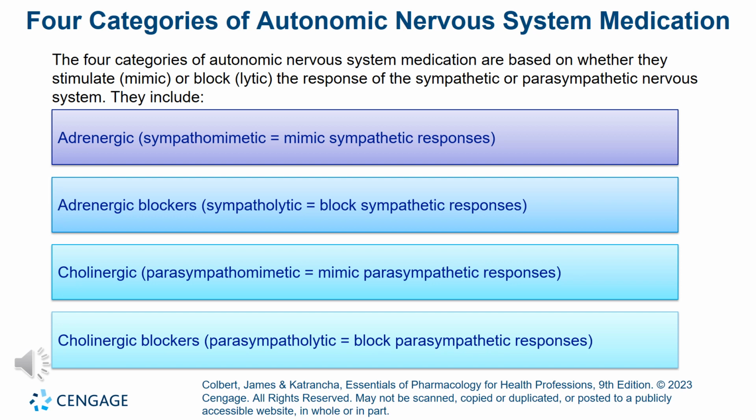Now we will look at the 4 categories of autonomic nervous system medications. These are based on whether they stimulate or mimic, or block, lytic, the response of the sympathetic or parasympathetic nervous system.